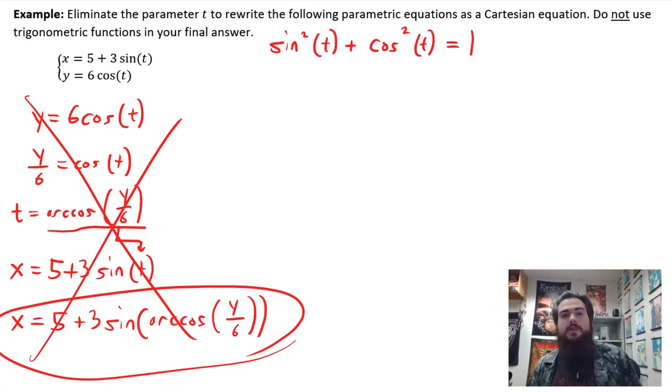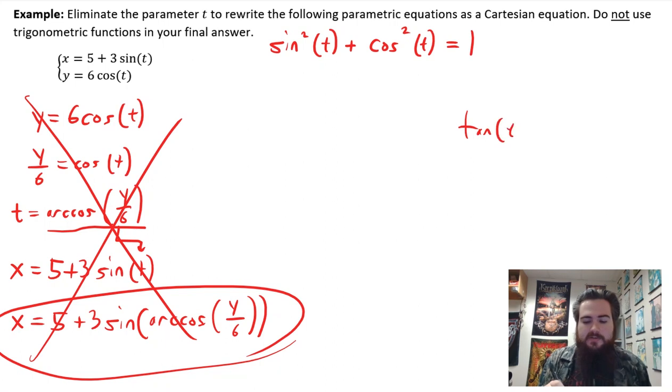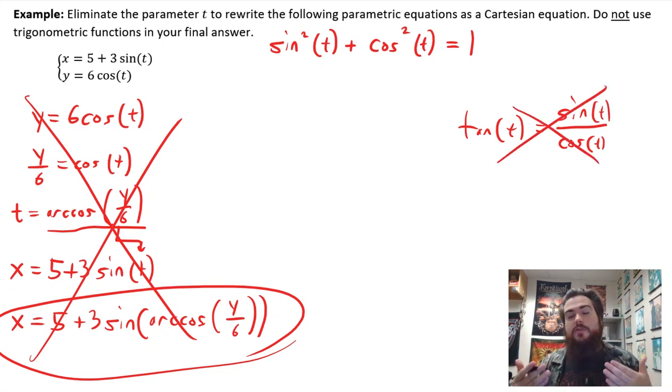This is an equation involving sine and cosine that connects those two and does not introduce another trigonometric function of t. This is why I'm not using tangent of t equaling sine over cosine of t, because it would introduce another trigonometric function of t. This only involves sine and cosine.